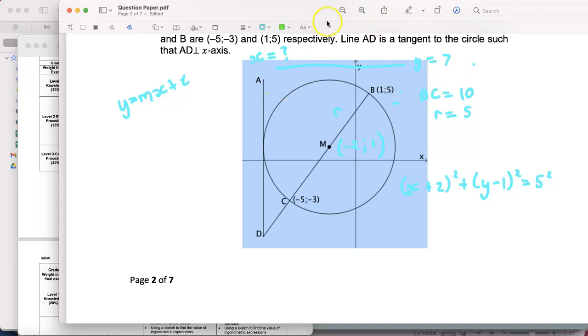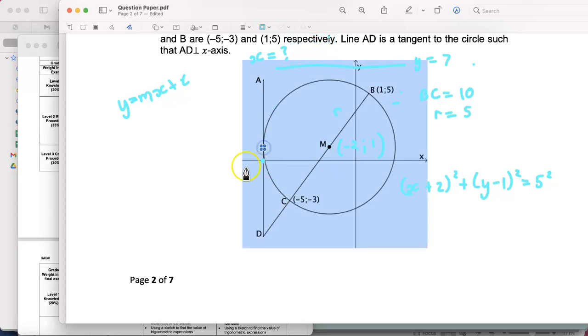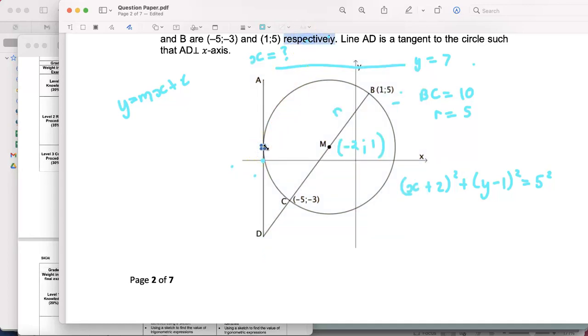How am I going to get that? Does that make sense? So this is going to be x is equal to something. I just need to know what this x value is. Now, it is a tangent line, so one thing I could have done here is connect those, and then I have a 90-degree angle. I don't know if that would have helped, but the point is I just want to know what this x value is. I know this one here is -2.